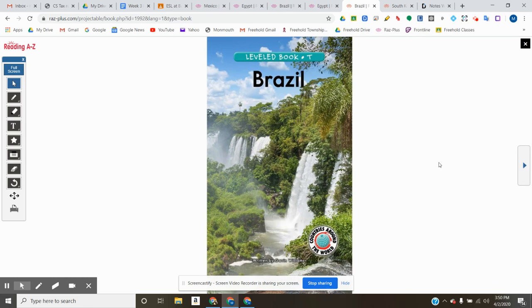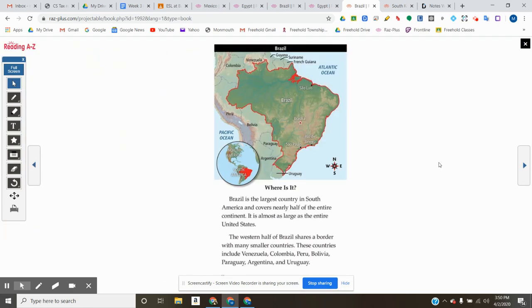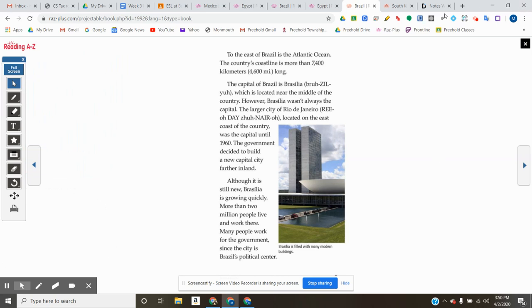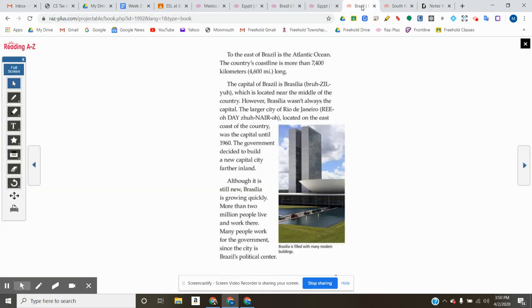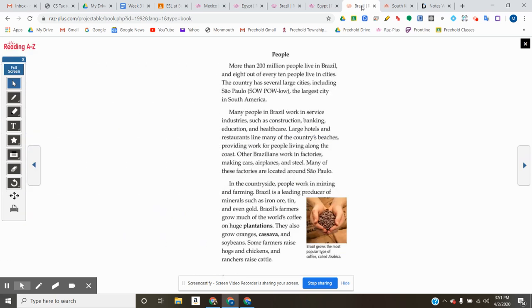Alright, so we're just going to quickly go through Brazil. You can put in here, Brazil is the largest country in South America. It is a fact. A lot of people live there.